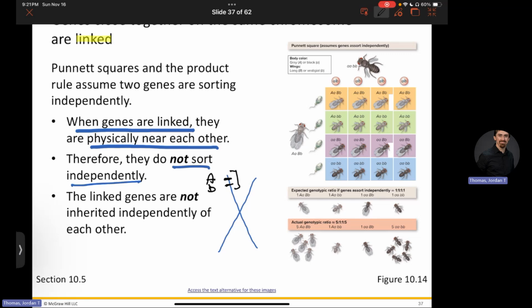They're very close together. That means whenever this chromosome is separated, it's unlikely that these two genes are going to be separated. So the closer the genes are on the chromosome, the more likely they're going to be linked. So when we talked about independent assortment and what the gametes are going to get, these gametes are most likely going to have big A and little b paired up together.